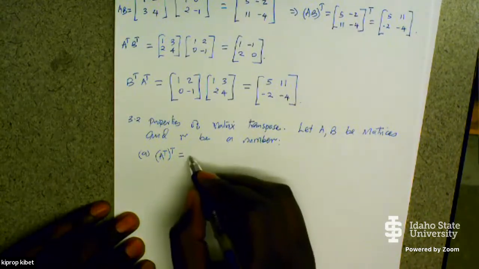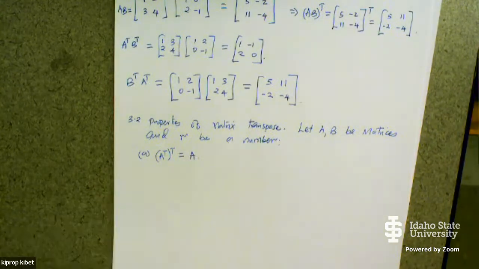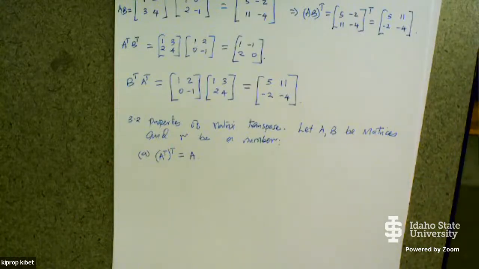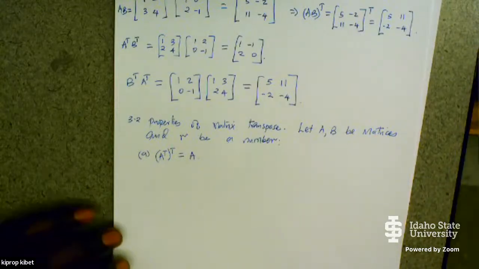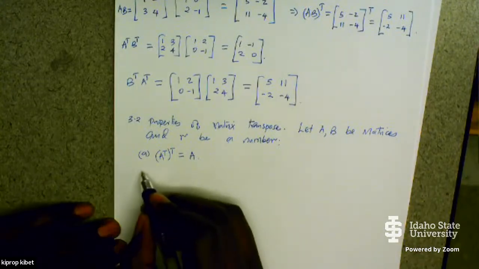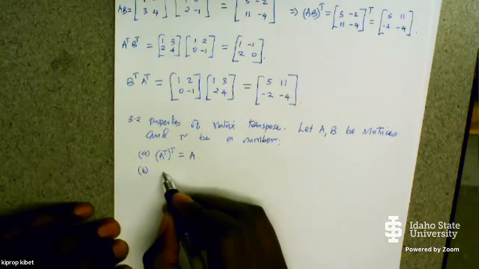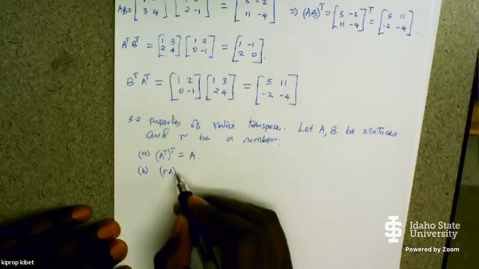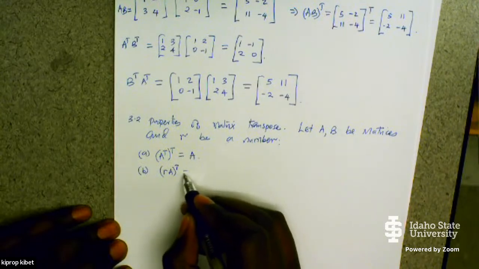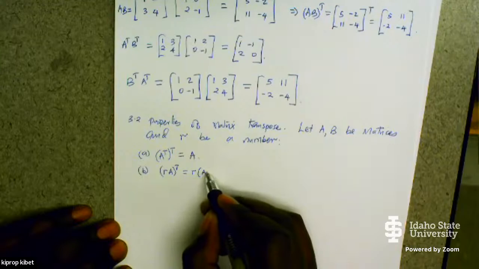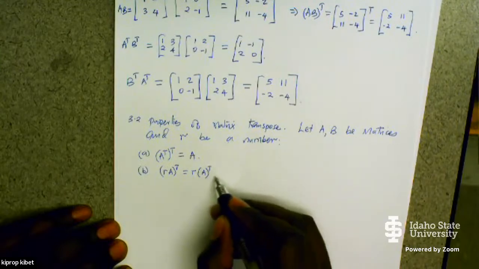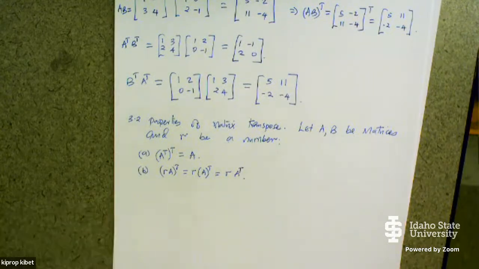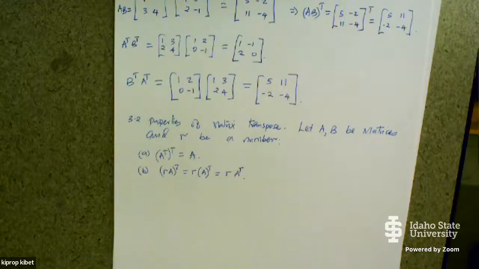It comes back to A. You find A transpose, and then you transpose it again, it will come back to A. Number 2, and we saw that one in the first example. Number B, if we multiply a constant or number R by A, and then we transpose it, it is the same as R times A transpose. So you don't have to transpose R because it's a number.